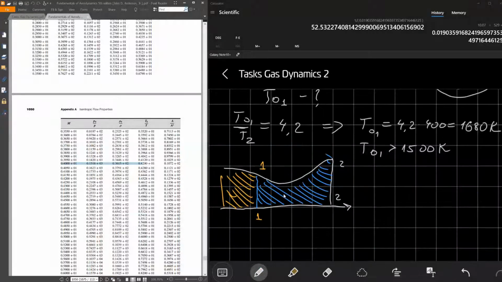To know this position, we can easily calculate the ratio. Okay, let's see.